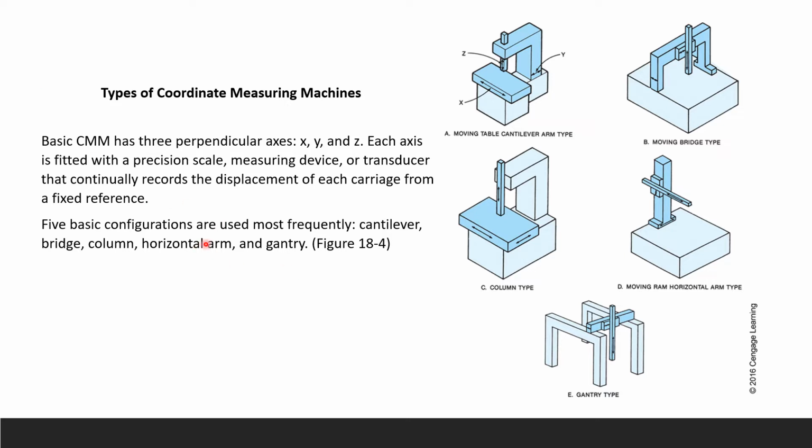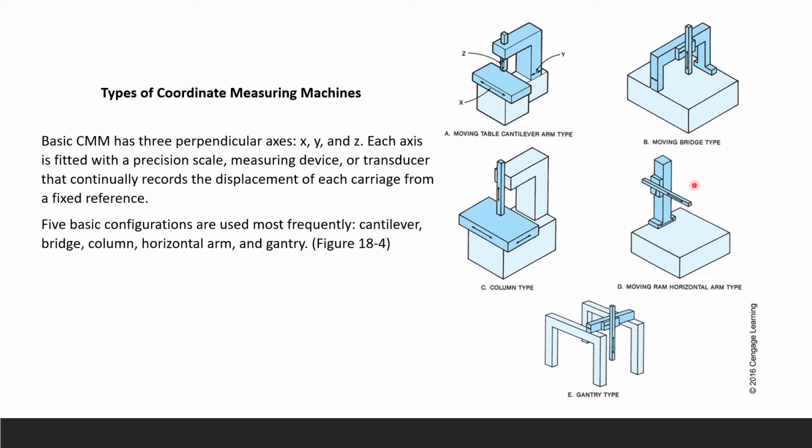So there are 5 basic configurations, and we use them most frequently. They are, the very first one is a cantilever, and the second one is your bridge, column, horizontal arm, and gantry.